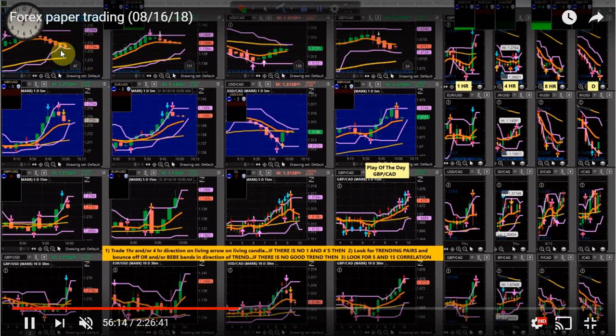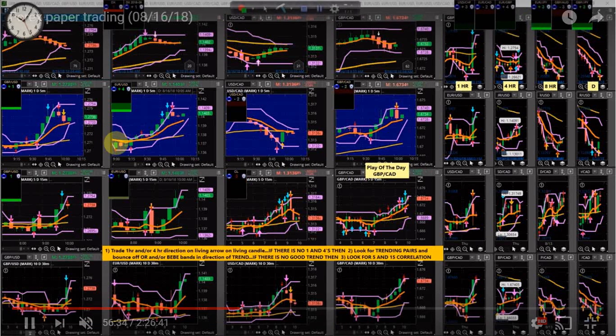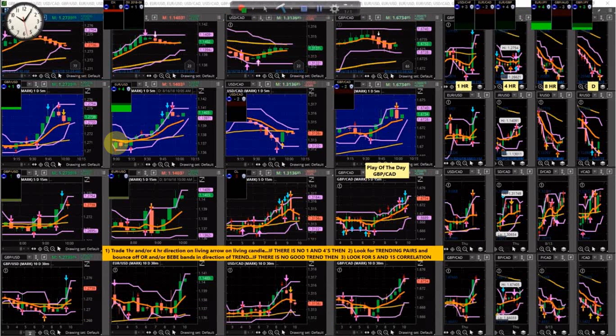I'm already up like 20 pips right here, and I just couldn't believe that this was gonna go up against me till I seen a new signal, and it did. So I got out for my 17 pips, and it felt great.